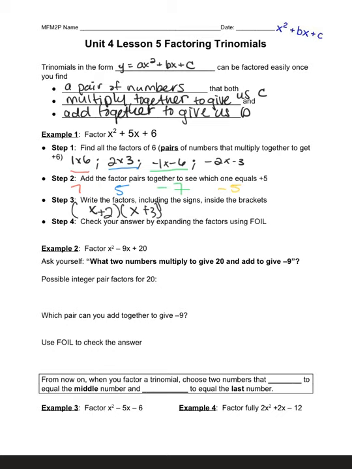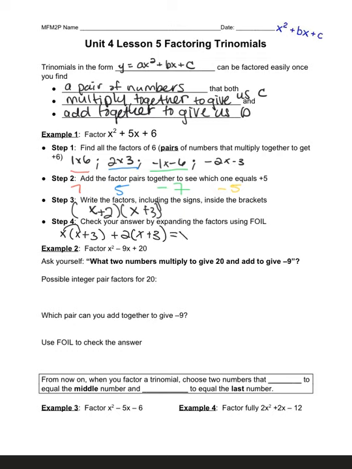Now we can check our answer by doing FOIL, so that's first, inside, outside, last, or you take the first thing in the first bracket, put it out front of the second bracket, plus the second thing out front of the second bracket, and now FOIL it out.